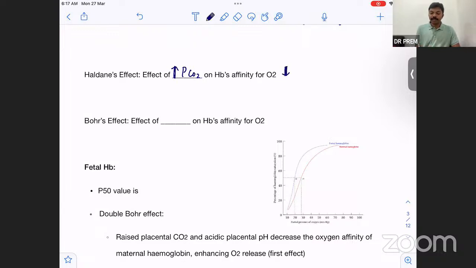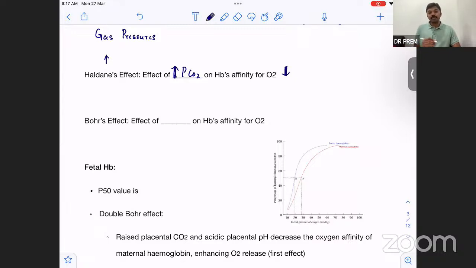I repeat, Haldane's effect is all about gas pressures. Whenever partial pressure of carbon dioxide is more, just the pressure alone I'm talking about, no chemical influence, nothing, the mere pressure of a gas itself decreases the affinity of hemoglobin for oxygen.